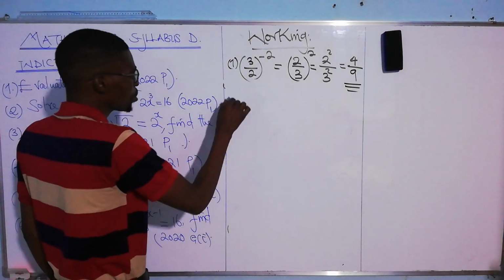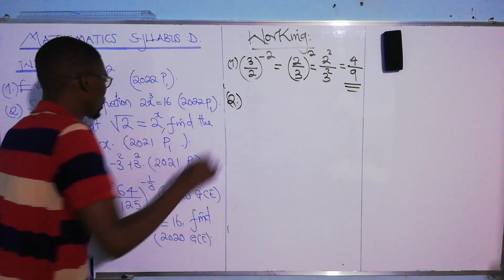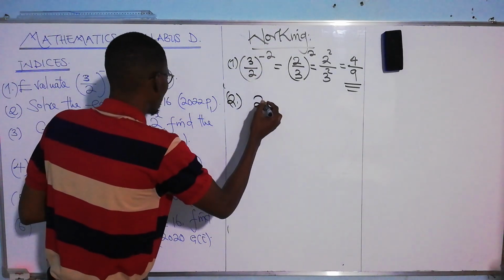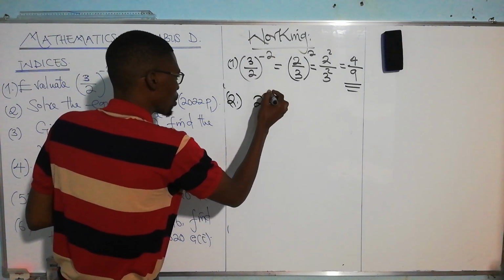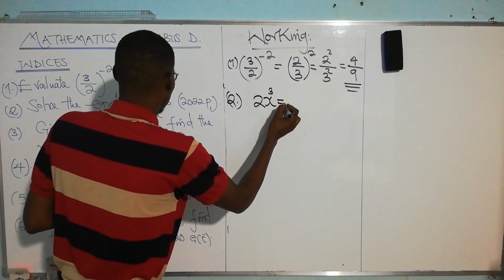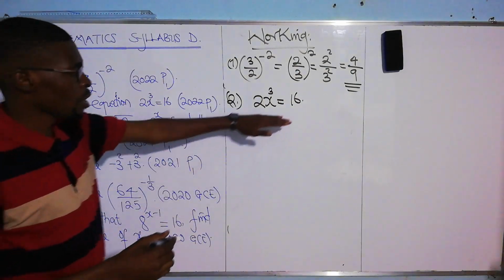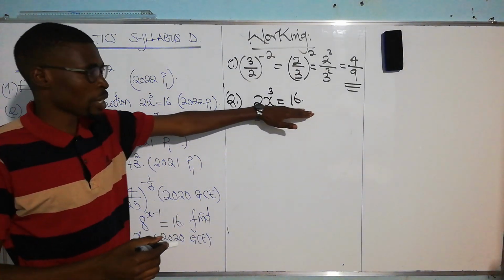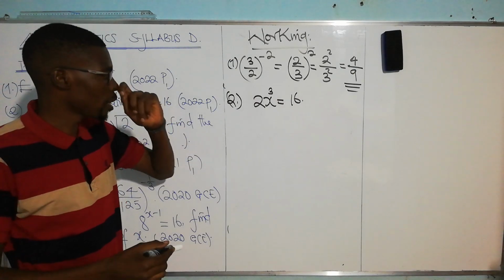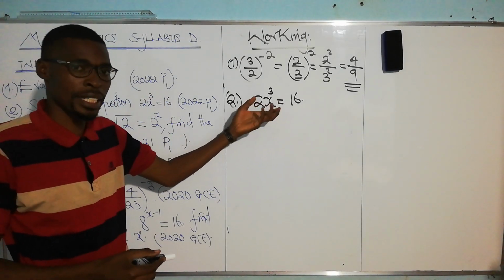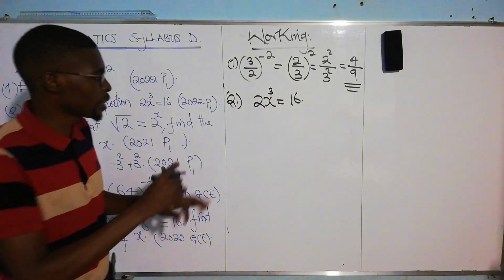All right, let us look at question 2. It's saying, can you solve the equation 2 times x to the power 3 being equal to 16? Now, take note here that for us to solve this particular equation, this is an equation involving indices, we should first simplify it.